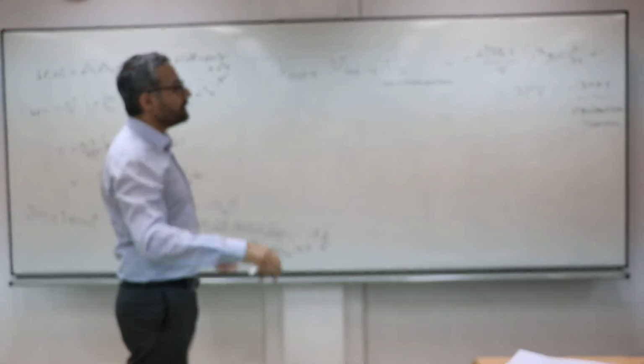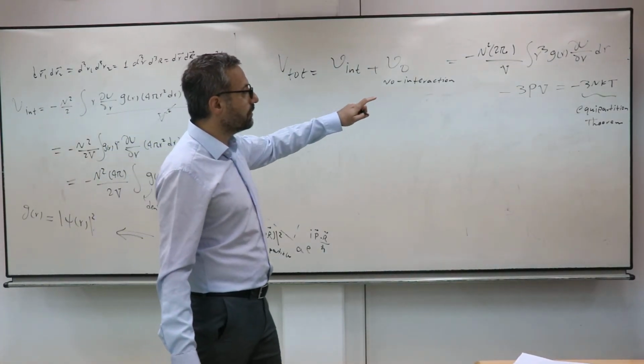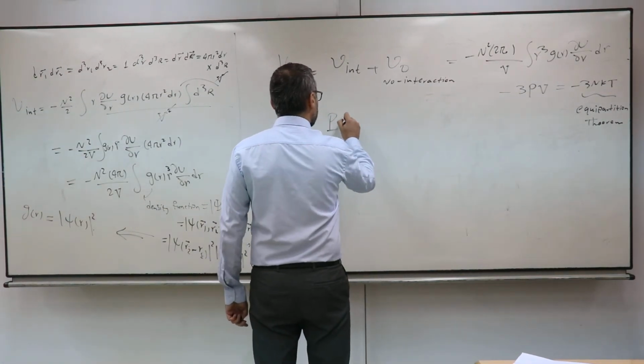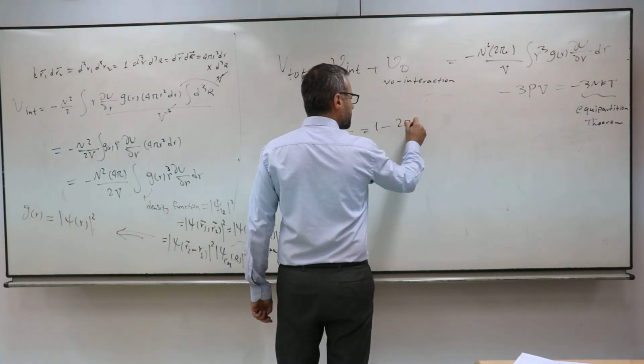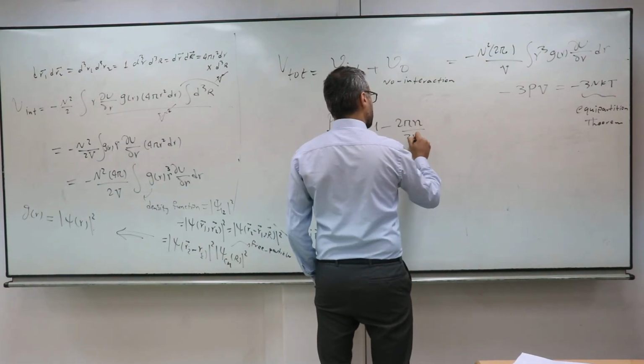So you can play with this equation, eliminate the minus and just find for me the pressure. If you do that, PV over N k T will be 1 minus 2 pi n and 3 k T times the integral.